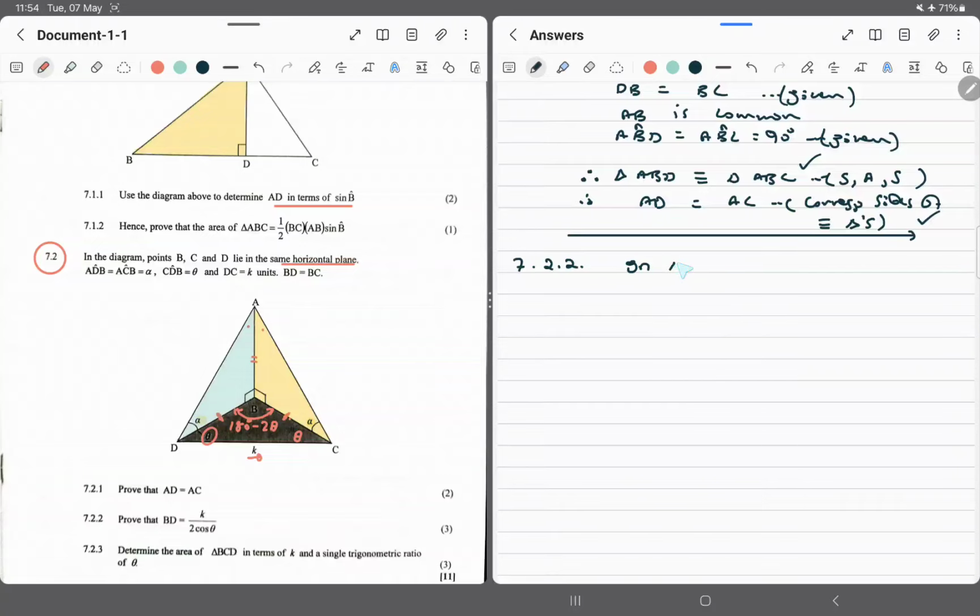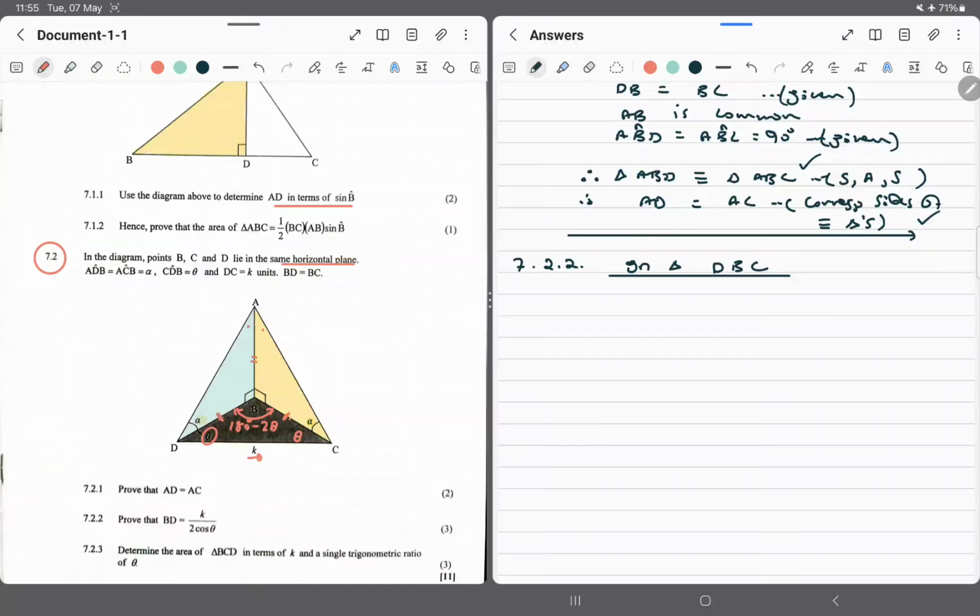We can say in triangle DBC, we know that angle DBC is going to be equal to... we can say angle C in this triangle is equal to theta.